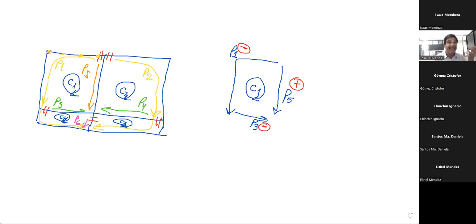So if this were the case, this is my point one of path one. This is point two of path one. Now, if the thickness from here to here had a certain value, that value is going to be associated with point two.